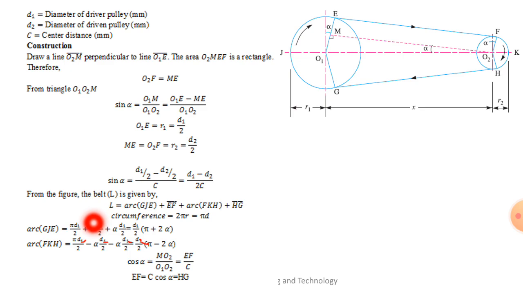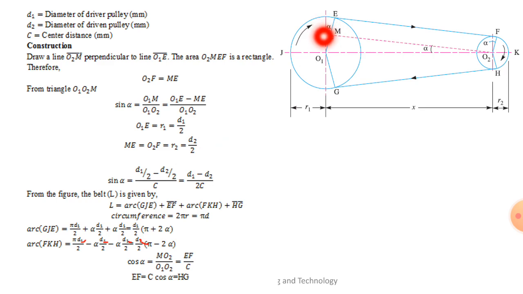First one, pi d1 divided by 2. Pi into d is the entire circumference of the driver pulley, pi d1. Half of that will be pi d1 divided by 2, plus now I have to consider only a small portion of the arc length.